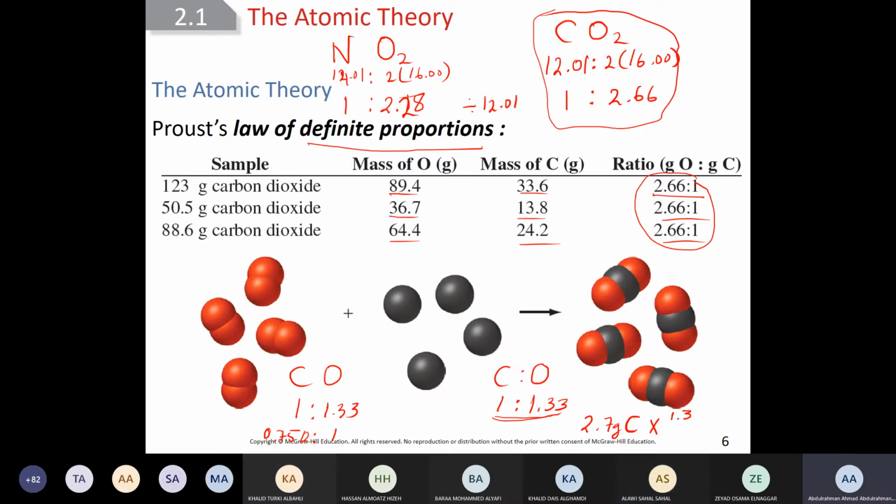You should write 1.33 gram O divided by 1 gram carbon. What will happen to gram C with gram C? It will go away and you have the answer. So if I have 2.7 gram carbon, how many grams of oxygen am I going to have? 3.6. Okay, is this clear?